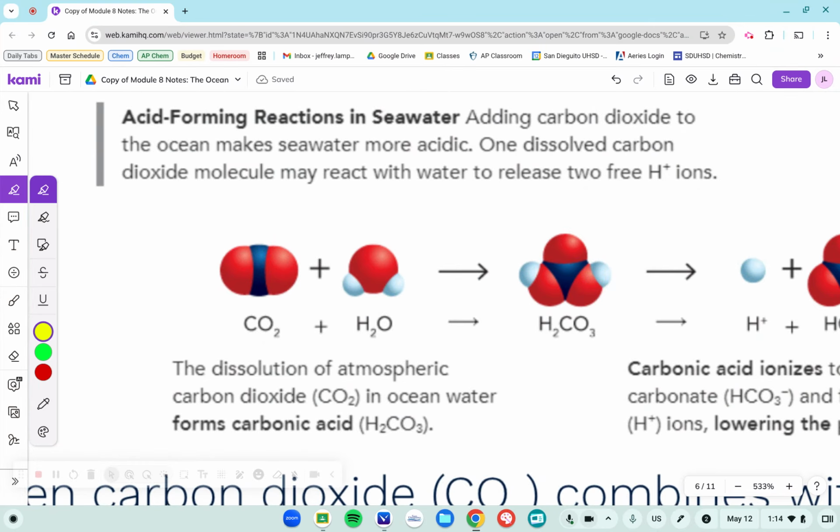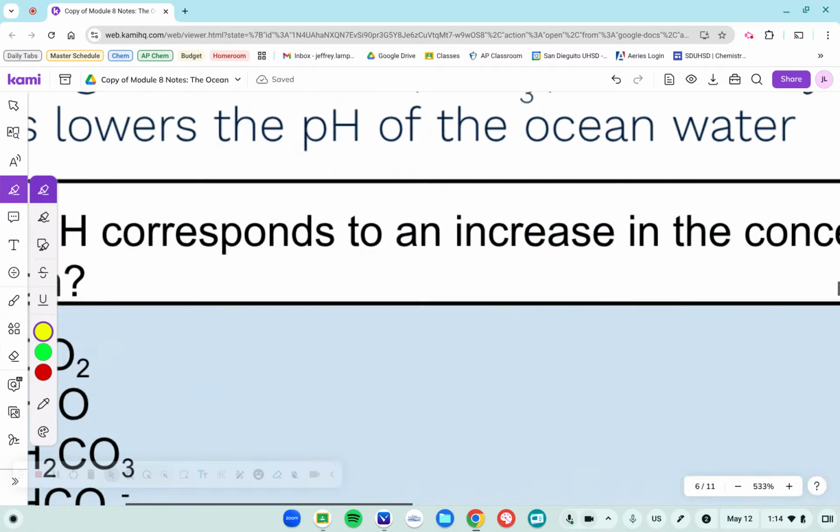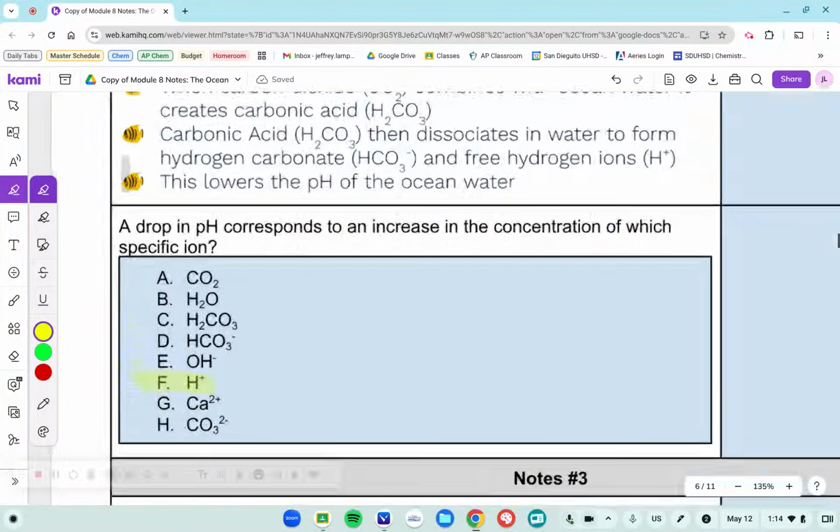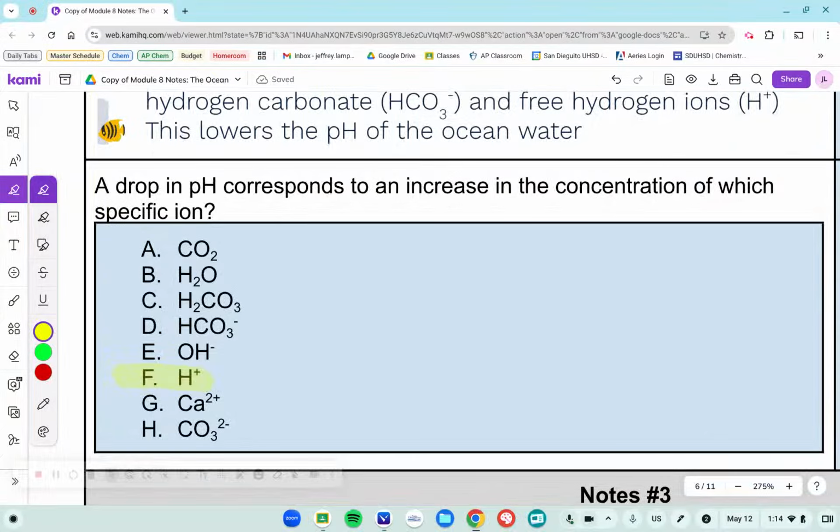So even if there's more acid present, that doesn't mean pH will go down unless that acid also makes H+. Make sure you include that in your explanations. The last question here was just to remind you that if you're talking about a change in pH, you have to explain it in terms of the change in H+. All right, questions here? All good? All right.